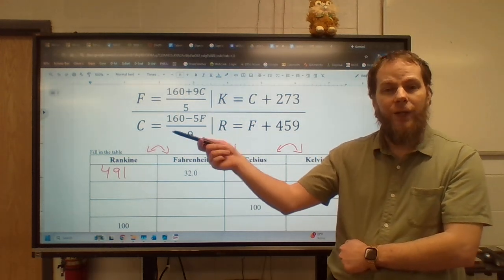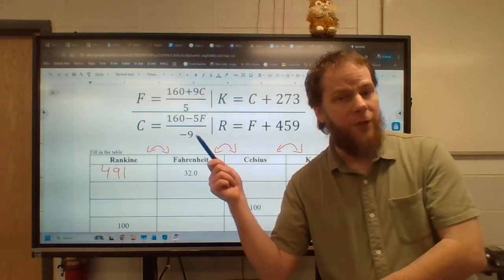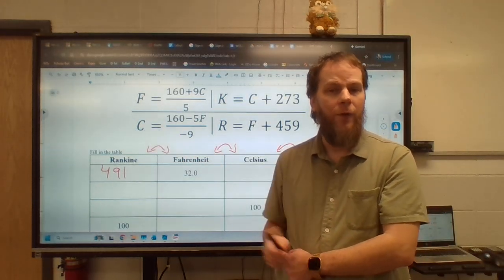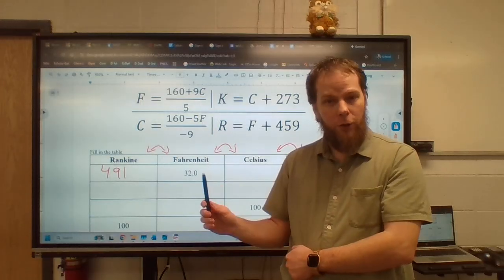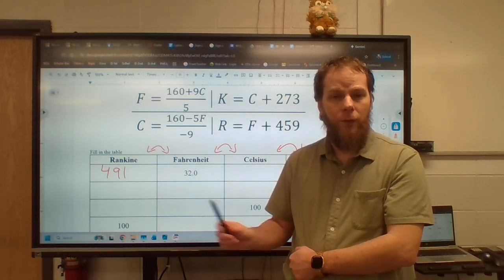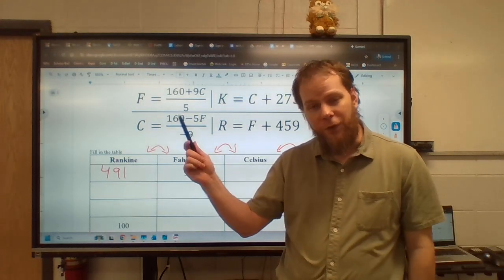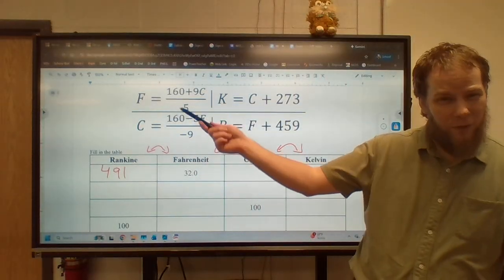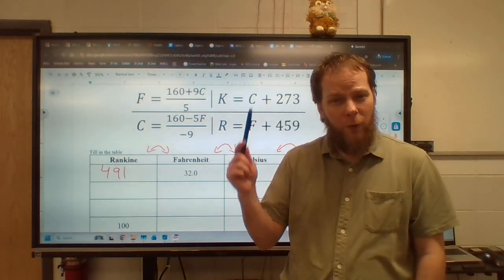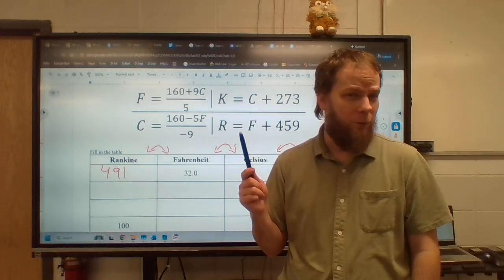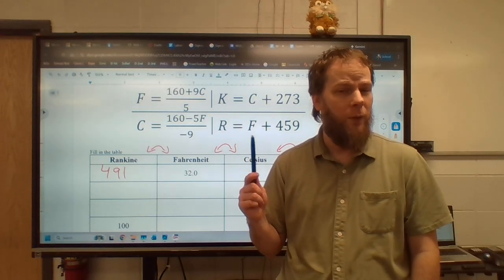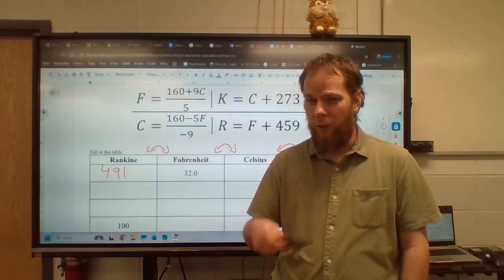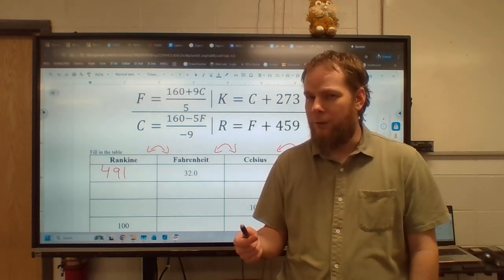By the way, these are the same equation, just one is solved for C and the other is solved for F. These two are how you're going to go back and forth between these two. I recognize that this equation is kind of a mess. I'm not going to ask you to do algebra on this. These two equations, though, you should be able to do the algebra for to solve for C or F when needed. I'll show you one of those in this video, but you should be able to do that on your own.